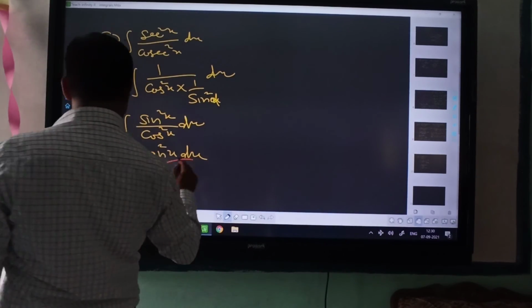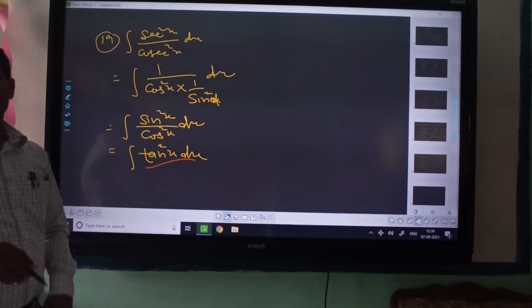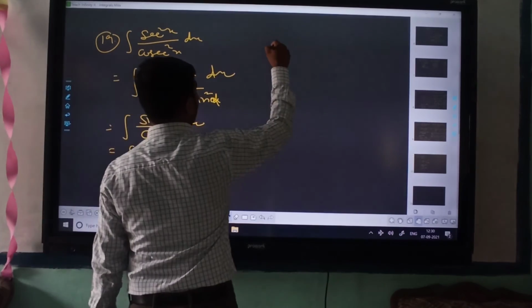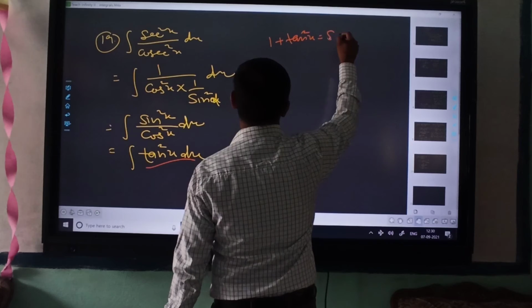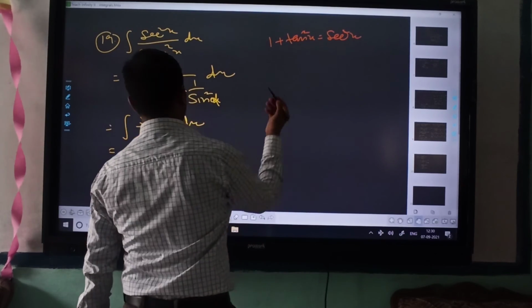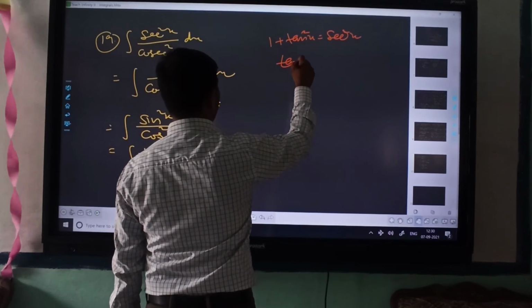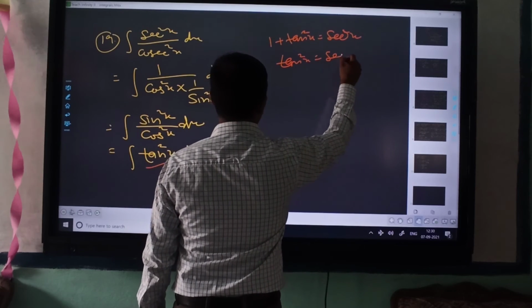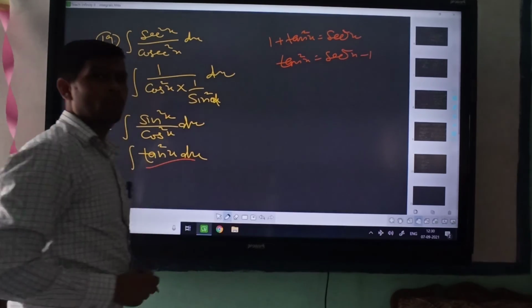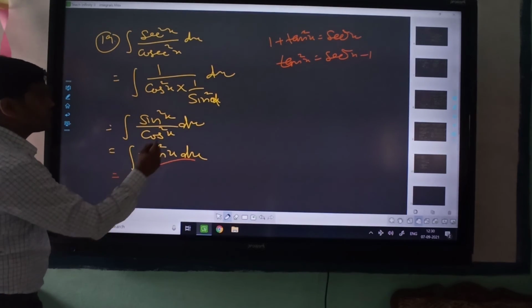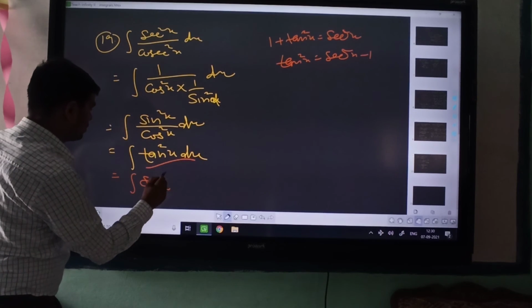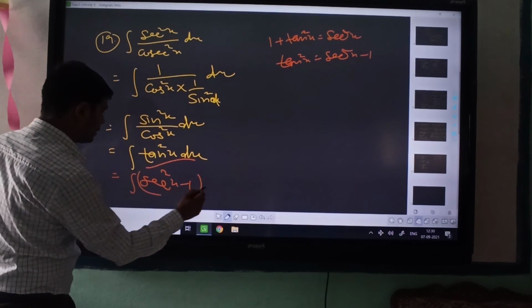So there is no direct integration formula of tan square x. You know the formula from the previous class: 1 plus tan square x equals secant square x. So tan square x can be written as secant square x minus 1. So here you can substitute: tan square x is secant square x minus 1 dx.